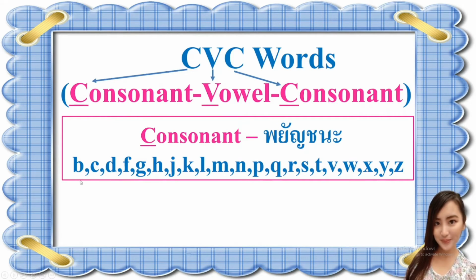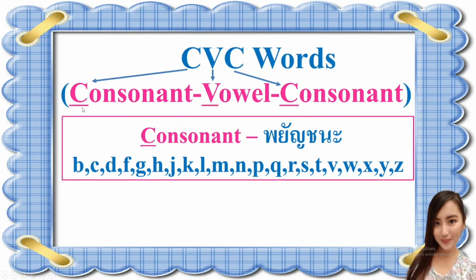So these are the consonants in the English alphabet. We have letters B, C, D, F, G, H, J, K, L, M, N, P, Q, R, S, T, V, W, X, Y, and Z. These are the consonants in the English alphabet.